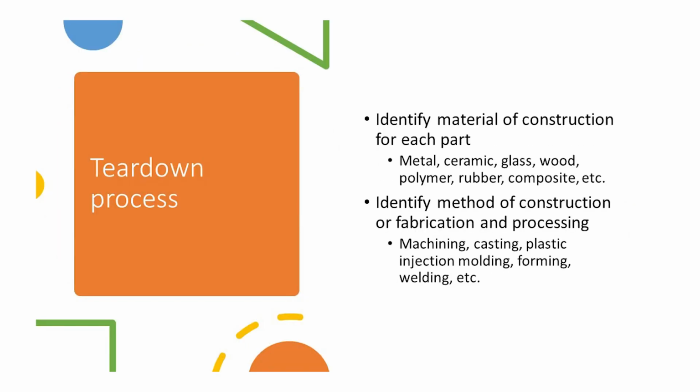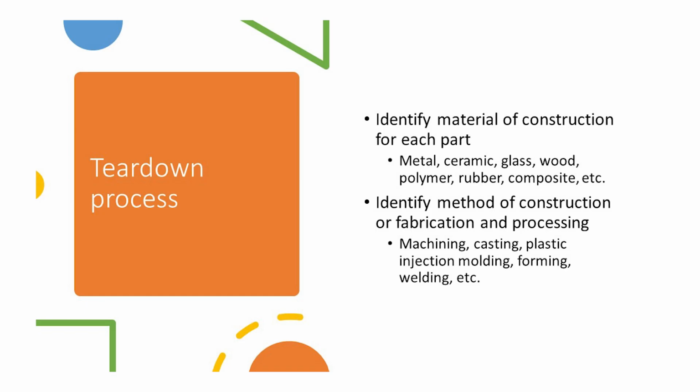and then once you have done that, the next thing that you want to be doing is identifying, well, what material was used to make each individual part. Identify the material of construction for each part. So, these may be metal, ceramic, glass, wood, polymer, rubber, composite, etc. So, that is a basic identification, and then further identification could be that you find out what specific alloy it was, what is the chemical formula of this ceramic.